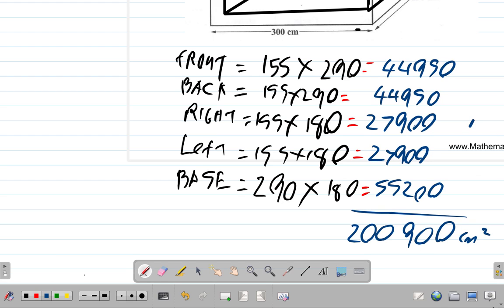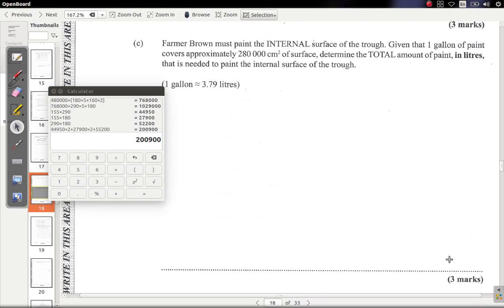Alright, so now, what happened? They say 1 gallon of paint covers 280,000 centimeter square of surface. Determine the total amount of paint in liters.